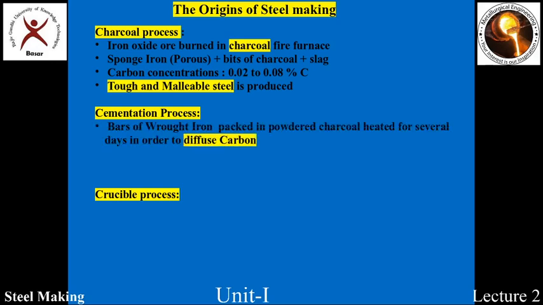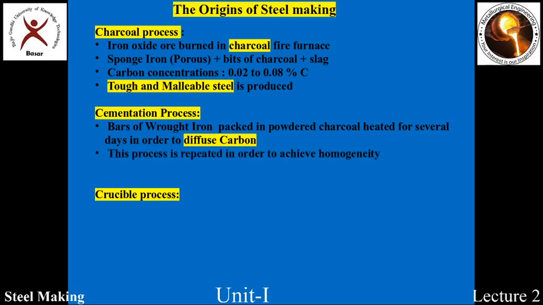And going to the next process, the bars of wrought iron are taken and, in combination with charcoal, heated for several days. Why is it so? Because to diffuse the carbon further, so that the hardness and strength of the material, especially the hardness of the steel, will increase.